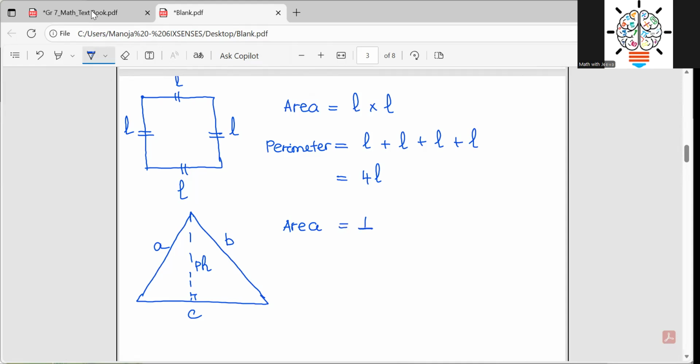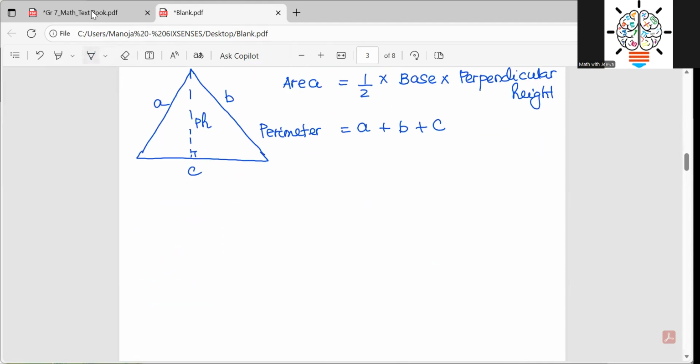That is half into base into perpendicular height. If you have not learned these, don't worry about that. I have a purpose in explaining these. How do you get the perimeter? You just add side A, side B, and side C.